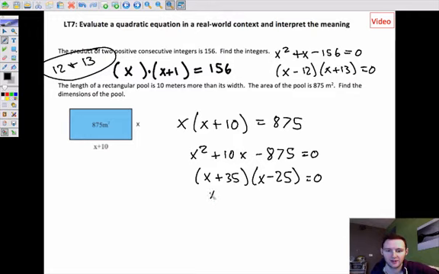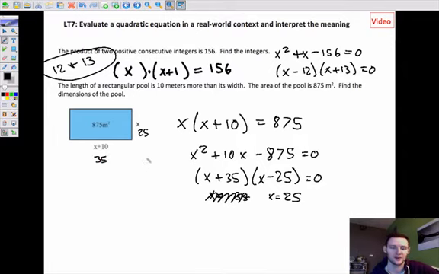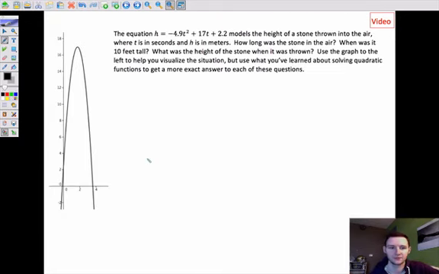If we think about our two answers here, we are again going to rule out the negative because we can't have a negative length. So the length of this pool is 25 and the width is 35. Okay, and so those are the dimensions of the pool.